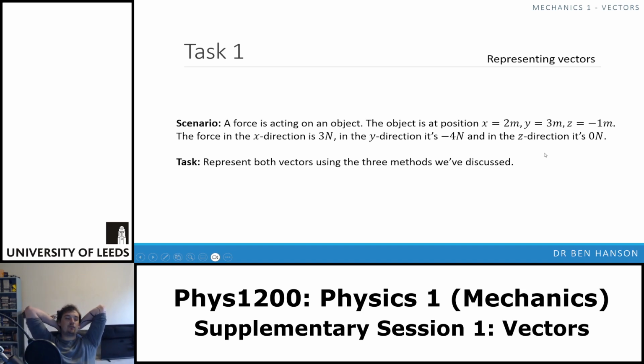The task is to represent both of these vectors on a diagram using each of the 3 methods that we've discussed. So represent those 2 vectors on a diagram, algebraically, and as column vectors. That's your task. I'll give you 10 or 15 minutes, though you can take as long as you want. I reckon this will take about that long.